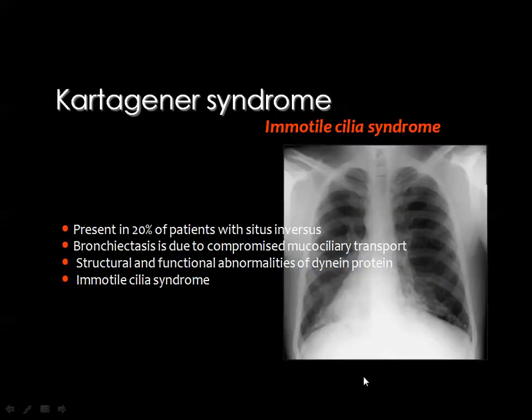Then Kartagener syndrome is a triad which comprises number one, dextrocardia or situs inversus, number two, bronchiectasis, and number three, the presence of paranasal sinus disease.